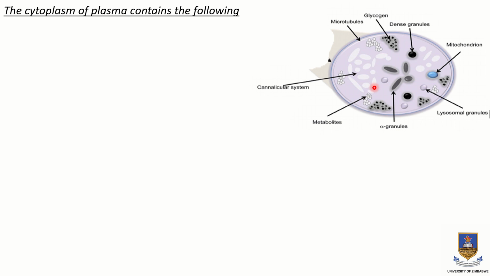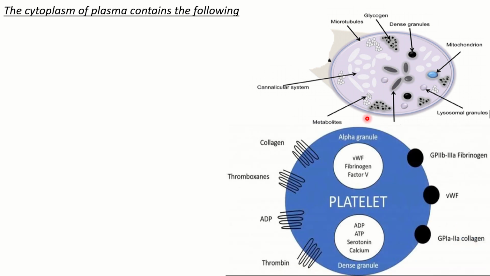Now, the cytoplasm of these platelets contains contractile proteins, mitochondria, remnants of Golgi apparatus, and granules. Of these granules, we have alpha granules, which are secreted proteins such as von Willebrand factor, fibrinogen, and factor 5.